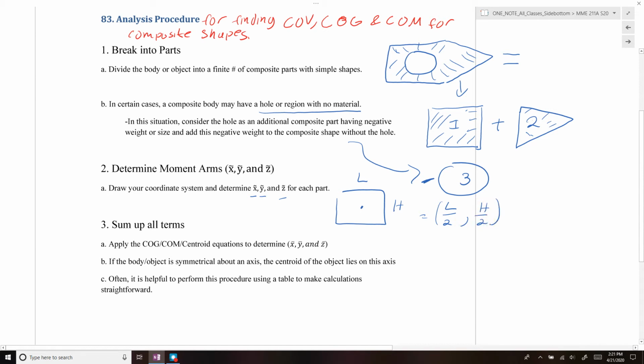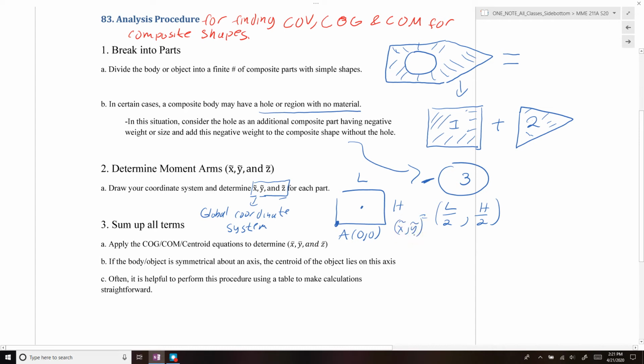Now, the one thing I will mention here is that these have to be written in the global coordinate system. So if this is our origin point, if point A is 0, 0, our x tilde and y tilde would be that.